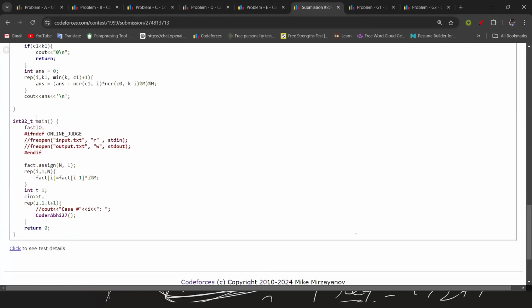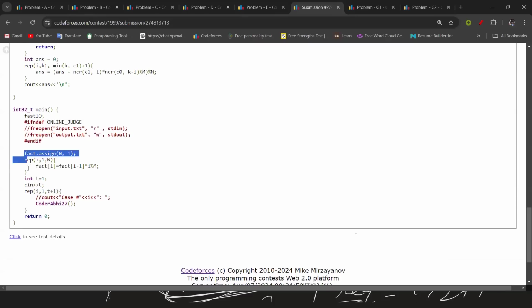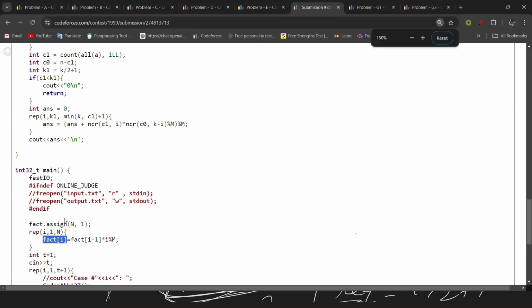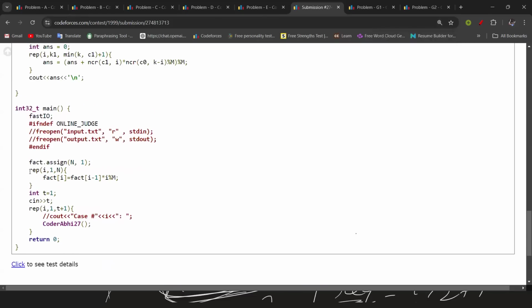Okay, I've taken the factorial and pre-computed it. This is basically a loop from 1 to n. Ignore this rep. It's a loop from 1 to n. Is this visible now, or do I need to zoom in more? Okay, I hope it is clear now. So I'm pre-computing my factorial here. Fact i is fact i minus 1 into i mod m. So this way I'm pre-computing my factorial.